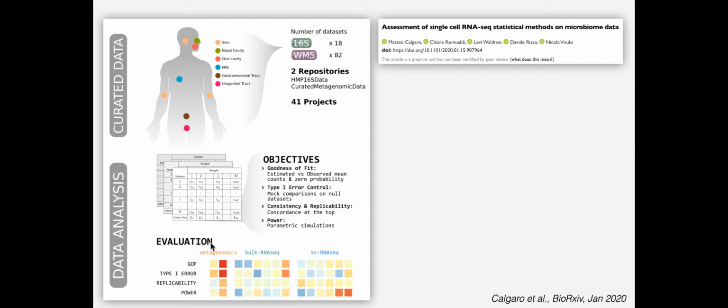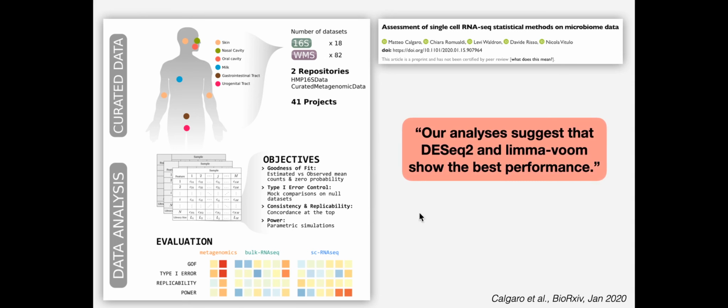And so they formally test, and I think there are not many examples of this kind of formal evaluation and comparison of these different RNA-seq methods for other kinds of data, certainly not to the extent here. And I'll just cut to the chase here.